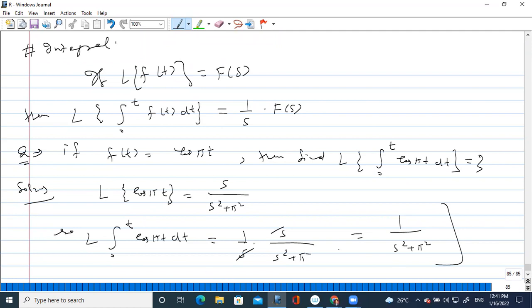And inverse transform also you can do. To get the inverse Laplace transform also you can do it.